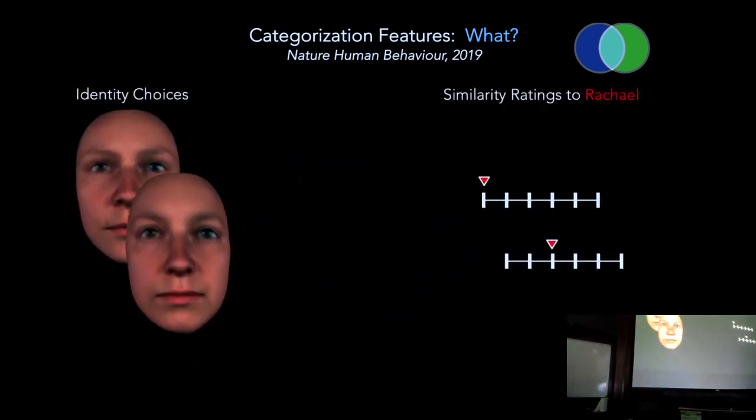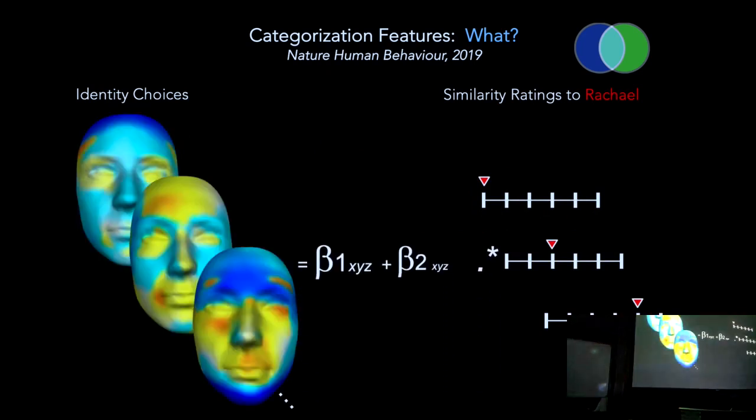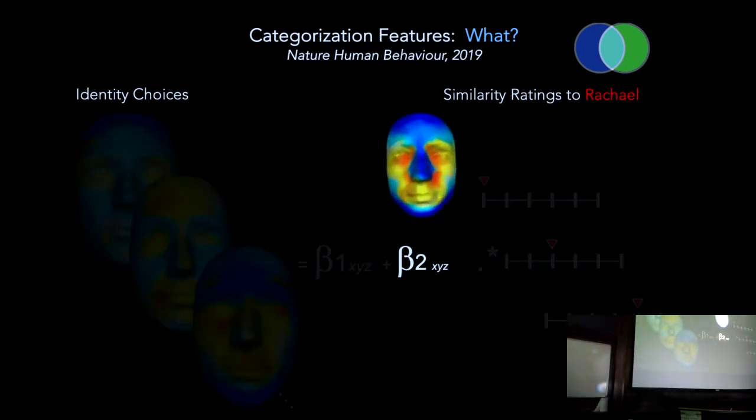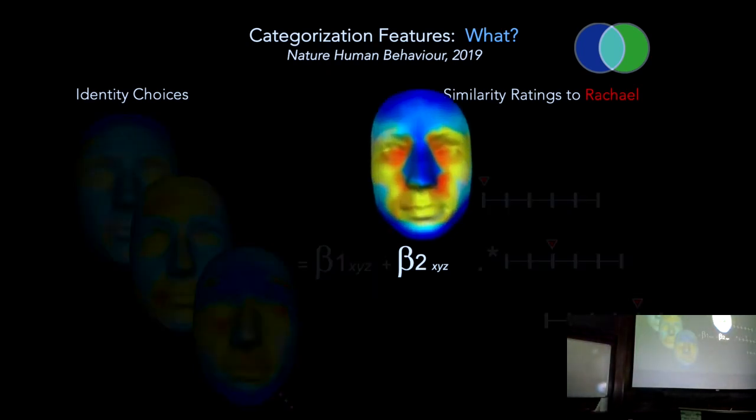Across many trials, as I've said, we build a regression that we can do at the level of one 3D vertex or one principal component of identity. It's the same idea. And then we can extract the 3D template that they have in memory for Rachel as a deviation from the average of 36-year-old female of Western Caucasian origin.